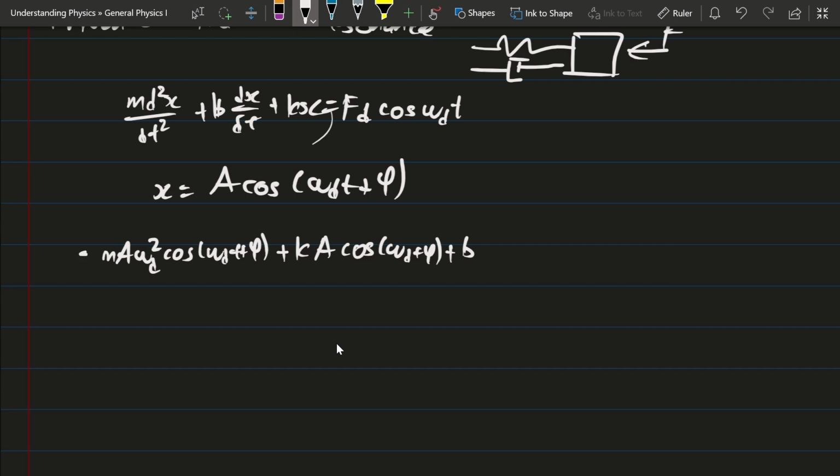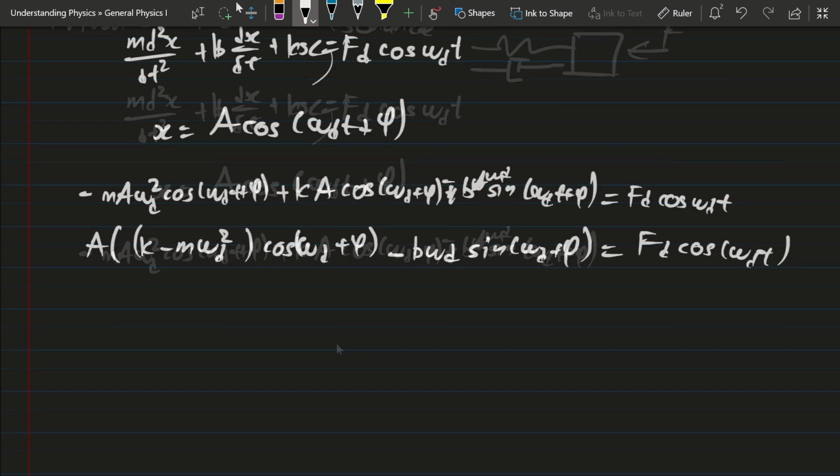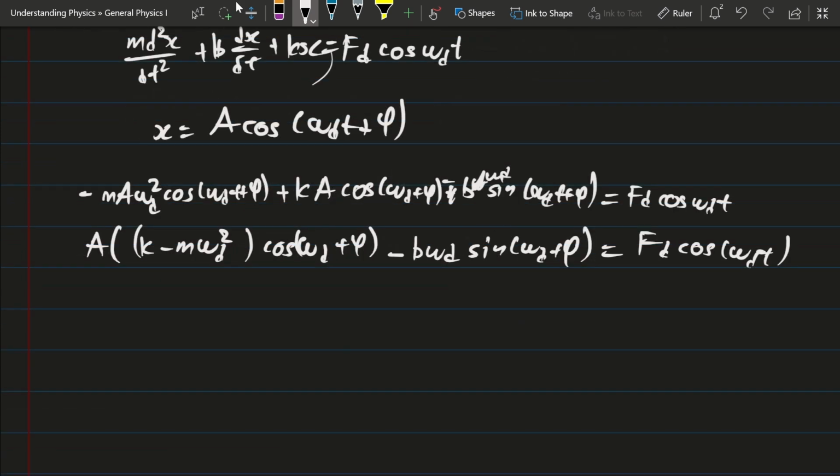Oh wait, this should be negative. This is negative b A omega_d sine(omega_d t plus phi). So after this, it might seem impossible for you to solve.